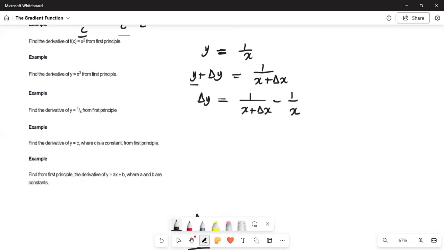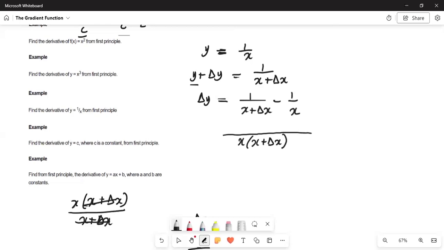So that we can solve this fraction, the LCM of x plus delta x and x is x plus delta x times x. Then we put the fraction in front. By this, that is, if I divide this LCM by this x plus delta x, look at this. Can I do that? x times x plus delta x over x plus delta x.